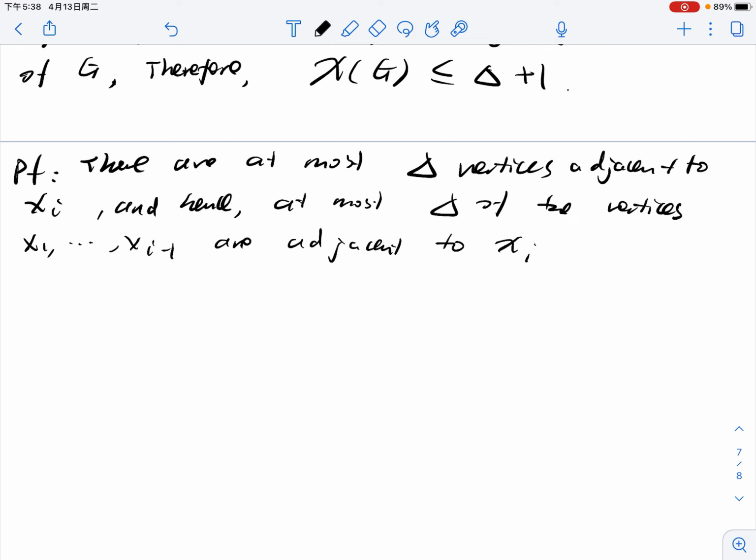So you can only have delta out of all the previous vertices adjacent to xi.